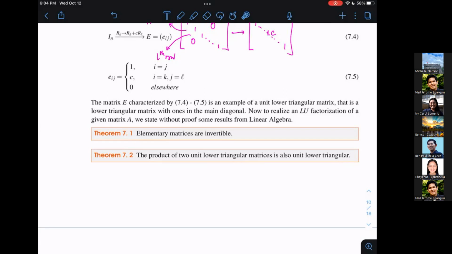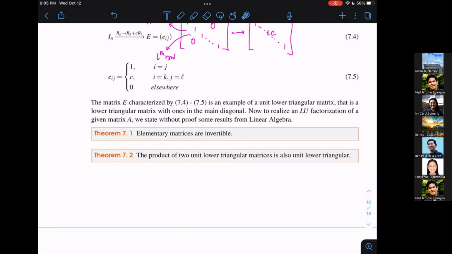Okay? Unang statement dito, Theorem 7.1: elementary matrices are invertible. Actually, yung proof ng invertibility nito ay madali lang, because what we want to do is to find a matrix na pwede kong i-multiply sa isang elementary matrix to make it the identity matrix, right? And then do you have any idea how can I do that?